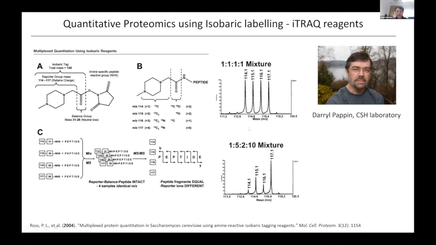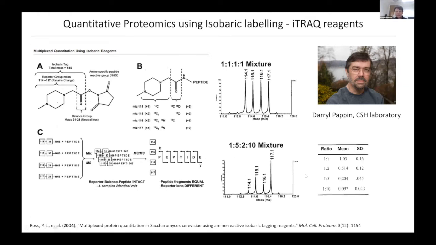And then importantly, if you make a different spike-in mixture where the ratio differs, so where we have a 1-to-5-to-2-to-10 mixture of this protein mix, then that is indeed what is reflected in this lower m/z region in the MS/MS spectrum of, in theory, any peptide from these proteins that have been labeled in that way.